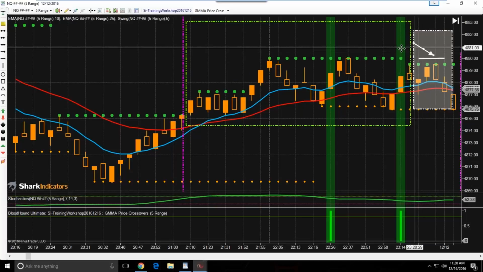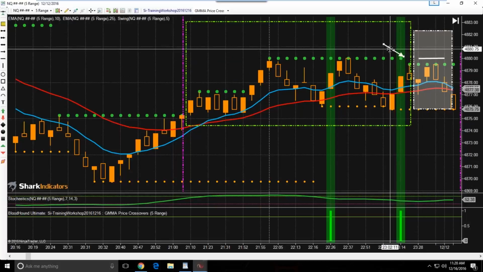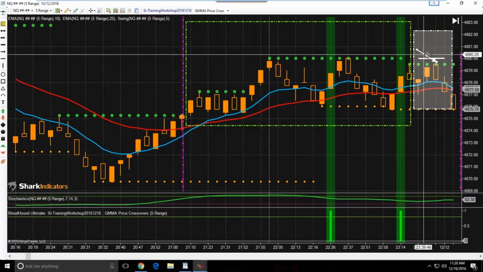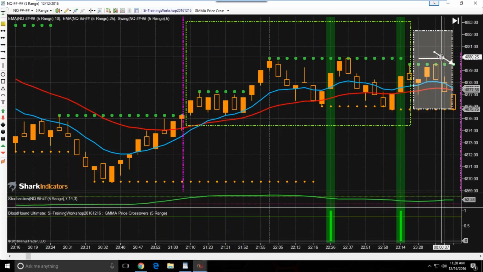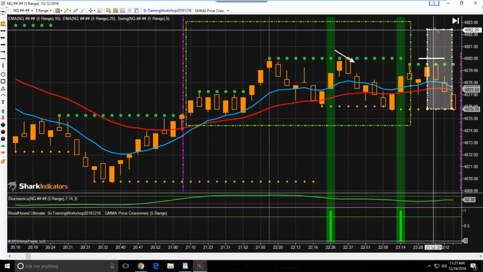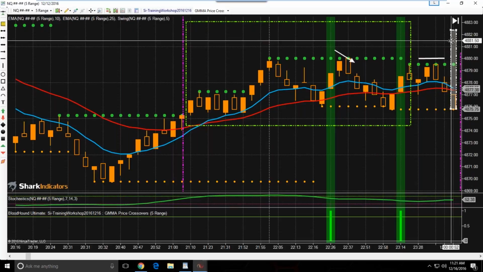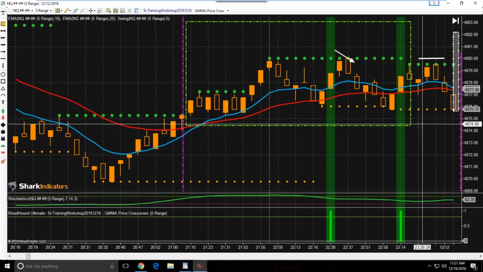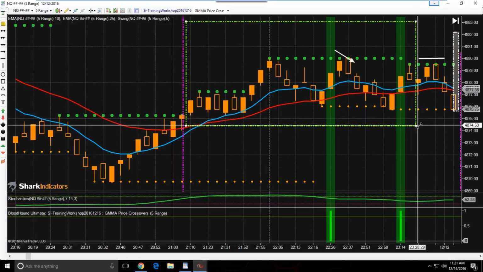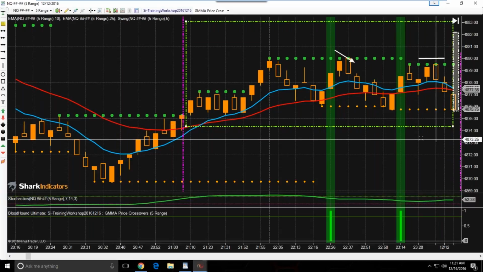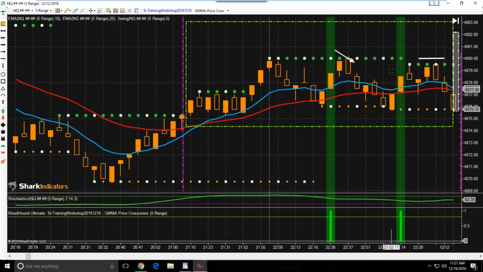So we won't actually know that there's a lower high until 5 bars later. Right? So we won't actually know that there's consolidation here until this point. So that's when we're going to know that there's consolidation. And so this will all be considered a long condition until the swing indicator updates itself.